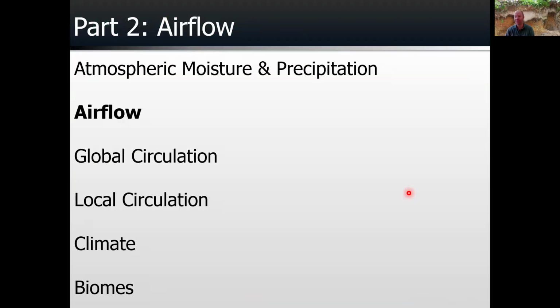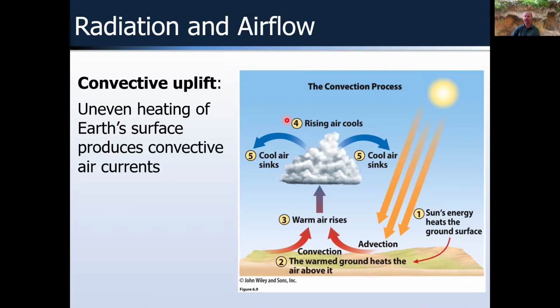Moving into airflow at multiple scales, these next three are interrelated, but we'll generally talk about airflow, and then we'll examine it at global and then also at local scales. Another type of uplift we talked about was convective uplift, which is the uneven heating of Earth's surface. This really is driven by radiation from the sun.